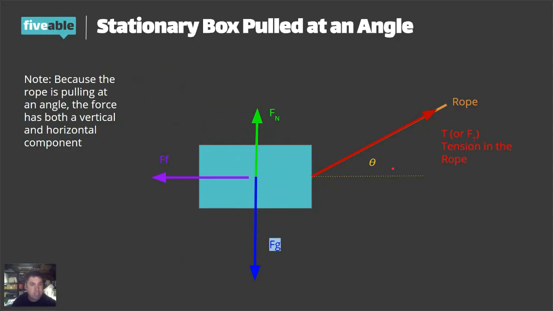So what that means for us, and again, if you guys have done Newton's laws, this is another thing that's coming up here, is that the normal force, this upward green arrow, plus however much upward force this tension is pulling, which is T sine theta because we're opposite of this angle, those two vertical forces must be equal to the downward force of gravity. And that means that our normal force is less than the force of gravity because we have this other upward force going on.